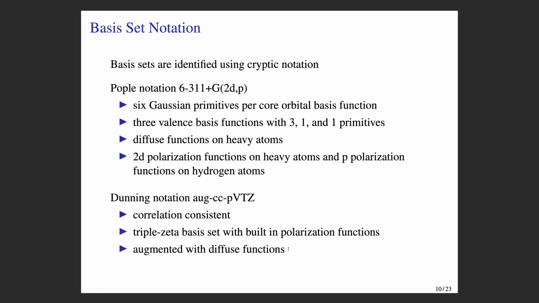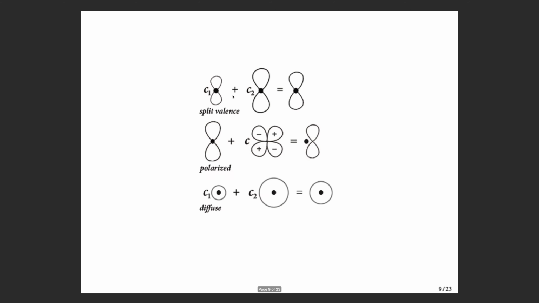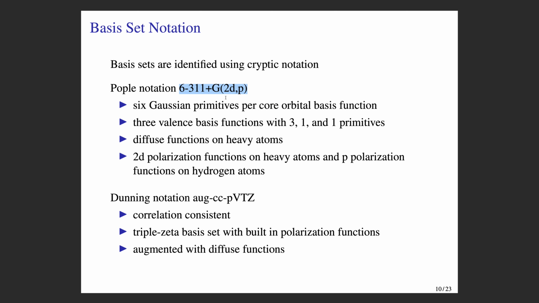In computational chemistry or electronic structure calculations, there's a very cryptic notation that is used to represent the basis set. And so here's an example using the so-called Pople notation. So this 6-311+G(2d,p), this notation actually signifies what basis functions are used.